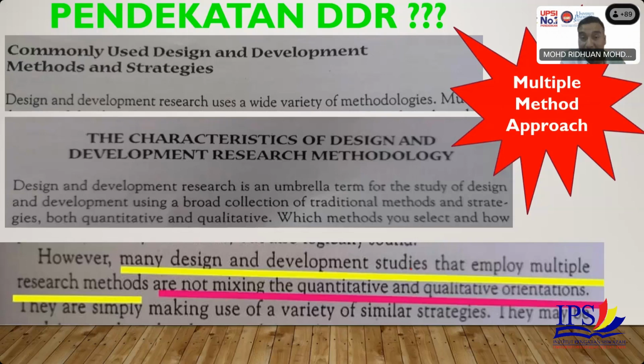Second example I give to you, maybe in the second phase, design and development, you can use the literature review to design, and to develop your product, you use the fuzzy Delphi method. In the fuzzy Delphi method, the start of it is the elements.